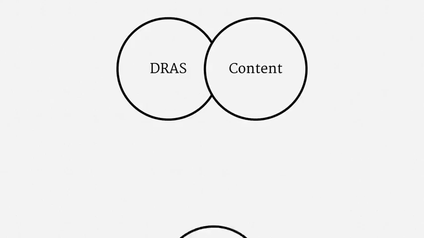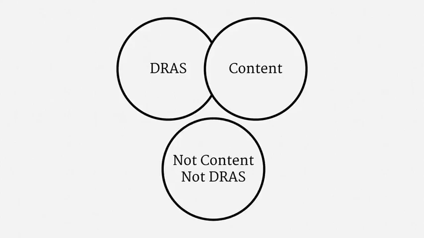And third, information that isn't content, but also isn't DRAS. And recall that DRAS can be accessed with a mere pen trap order, issued on just a self-certification of relevance. Content, by contrast, requires a wiretap order. As we've seen, that's like a super warrant, and it's very burdensome for investigators to obtain.